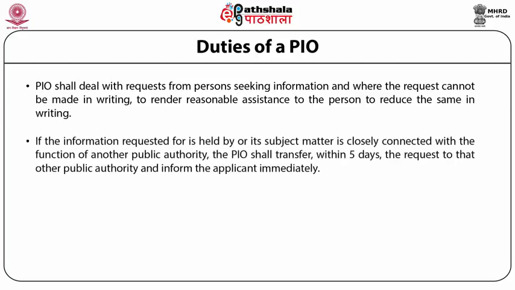If the information requested for is held by or its subject matter is closely connected with the function of another public authority, the public information officer shall transfer within 5 days the request to the other public authority and inform the applicant immediately about this transfer of request.